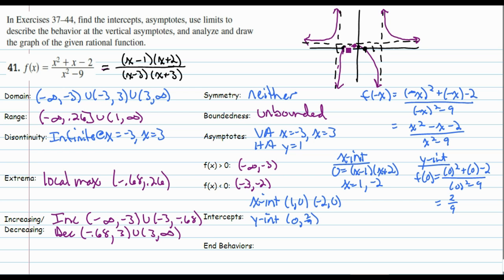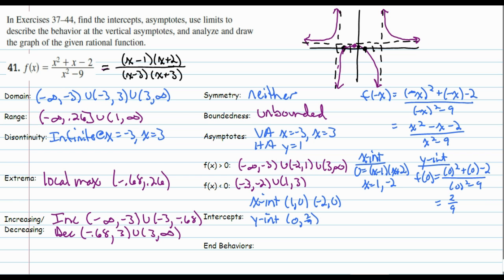Then the function is above the x-axis from the x-intercept to x-intercept, so from -2 to +1. Now from +1 to the vertical asymptote, the function is below the x-axis, so from 1 to +3. Then after the vertical asymptote, the function is above the x-axis forever, so from +3 to infinity.